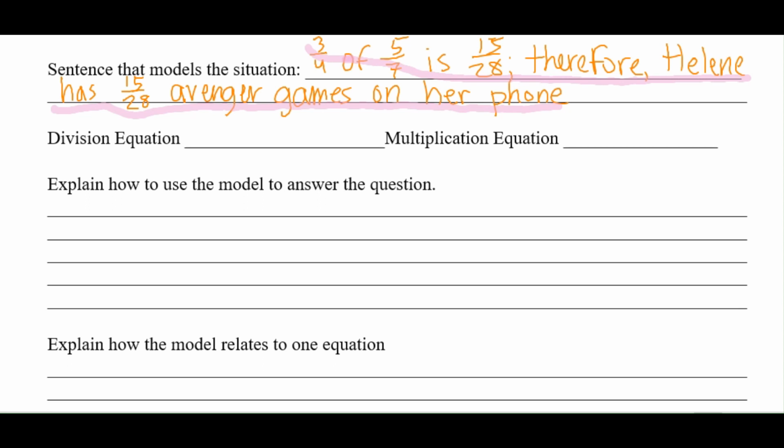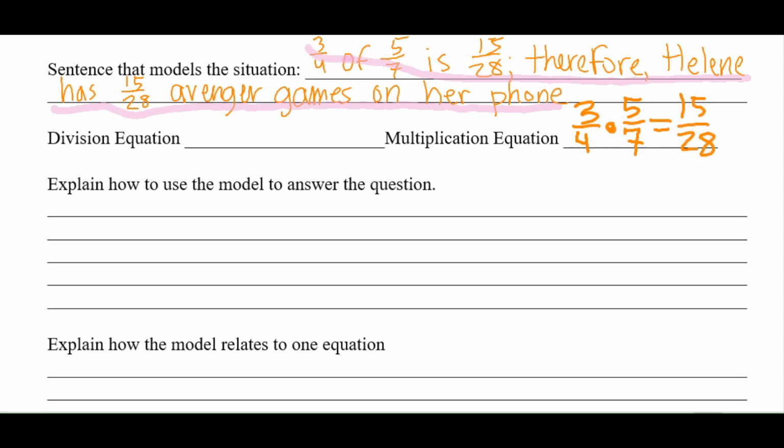The multiplication equation to model the situation is based on the calculations that we had at the bottom. So we have 3/4 of 5/7 is 15/28.